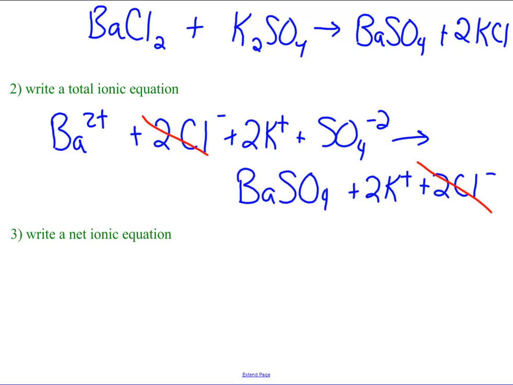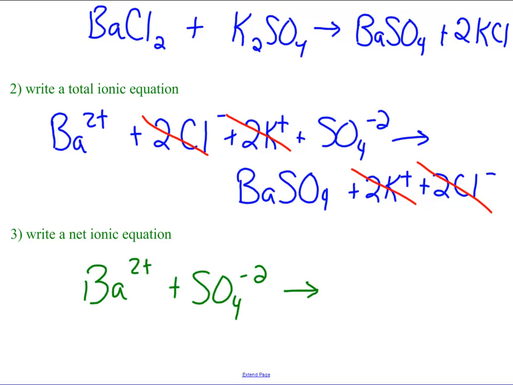Potassium ions are present on the reactant side and also on the product side, so those get canceled. Whatever does not get canceled then becomes the net ionic equation. So I have barium ions plus sulfate ions, so that's my reactant, and I have a product of insoluble barium sulfate. So there is my net ionic equation. What changes? Ions forming an insoluble compound.